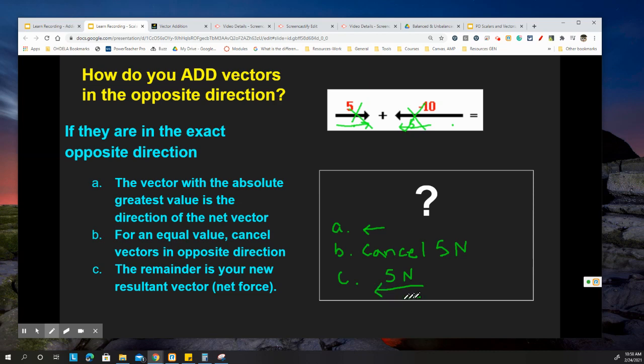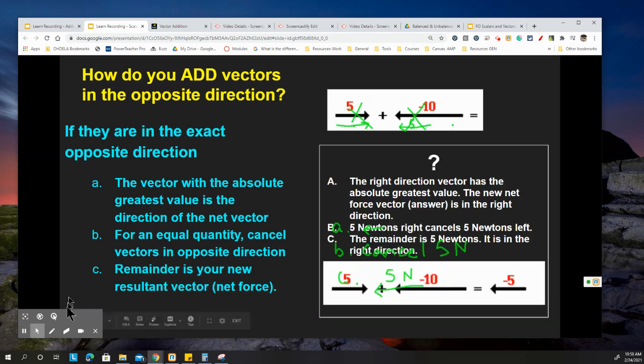And I draw the length of that arrow to match 5 newtons. And here are the steps worked out for adding vectors in the opposite direction.